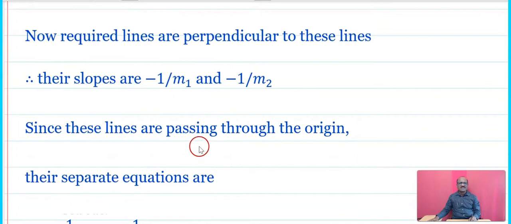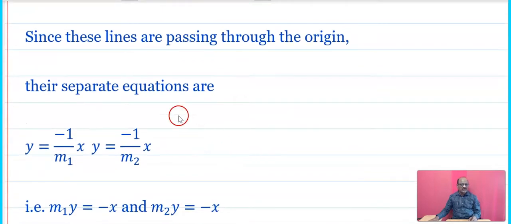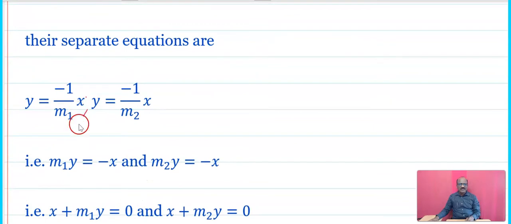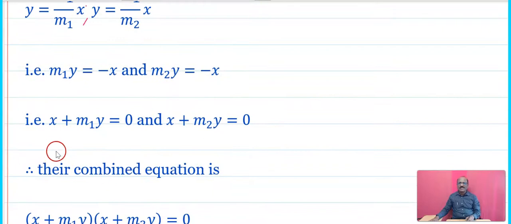Since these lines pass through the origin, their separate equations are y is equal to minus 1 upon m1 into x and y is equal to minus 1 upon m2 into x. Therefore these lines can be written as m1y is equal to minus x and m2y is equal to also minus x. Therefore x plus m1y is equal to 0 and x plus m2y is equal to 0.